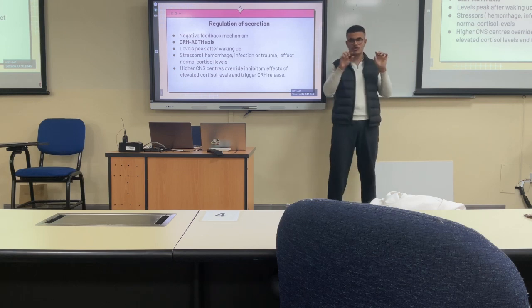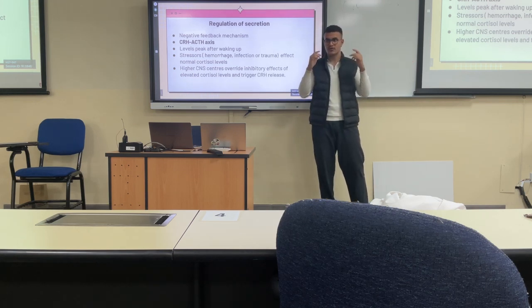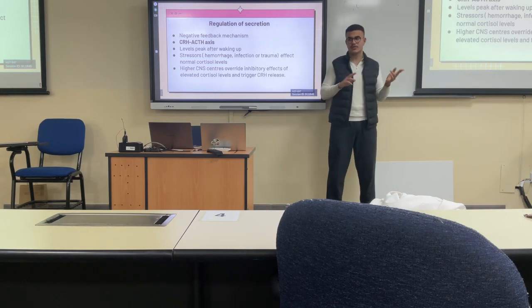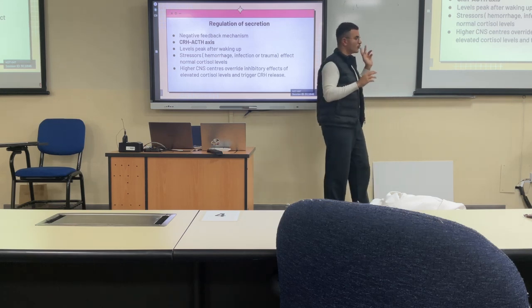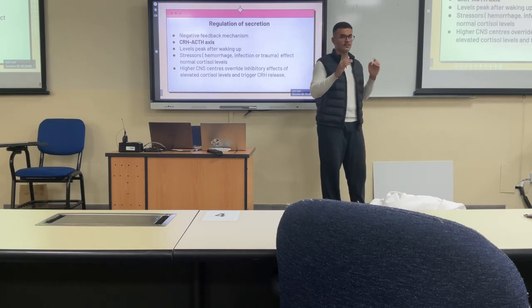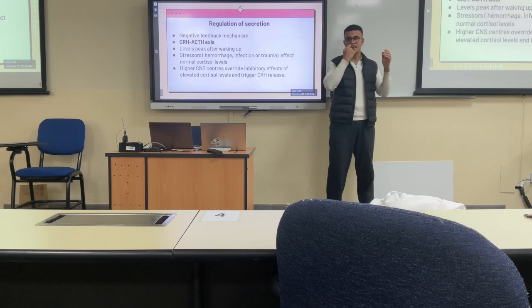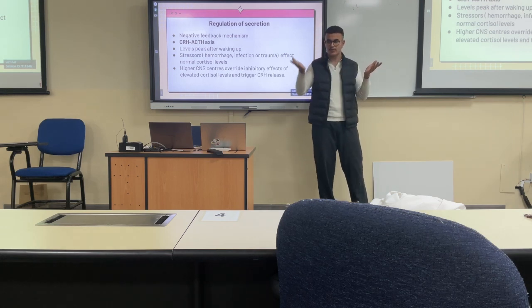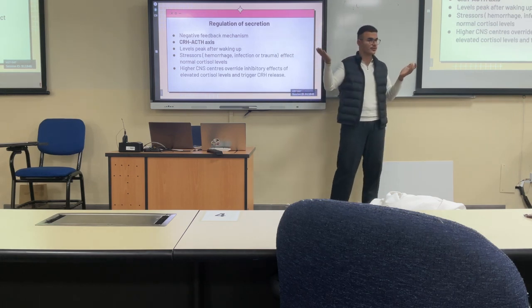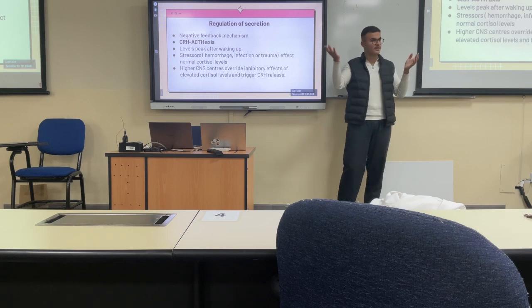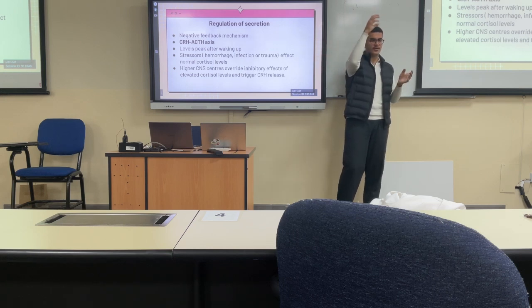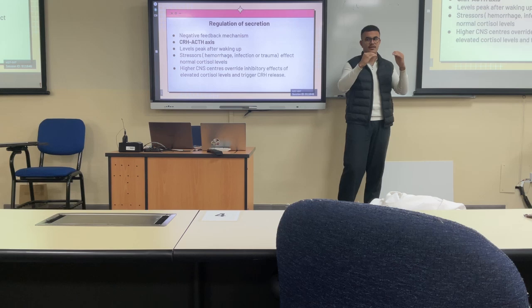From which zone of the cortex? Zona fasciculata. And cortisol is going to be released. Do you understand this mechanism? And what do we mean by negative feedback inhibition? As it increases, it stops itself. Exactly. The product, cortisol or the glucocorticoids, if elevated, is going to act back on the pituitary, causing it to stop releasing which hormone?